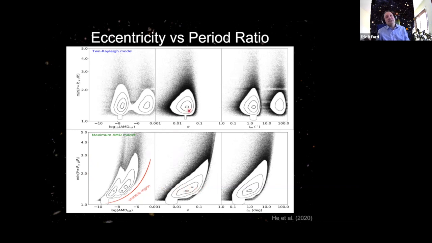But once radial velocities come along and allow me to find planets that are spaced by a factor of 4 or 5, well, now the predictions for the eccentricities of those additional planets are quite disparate between these two models. And so the ability to find planets that are more widely separated and then study their eccentricities will also be a good discriminator for these models.